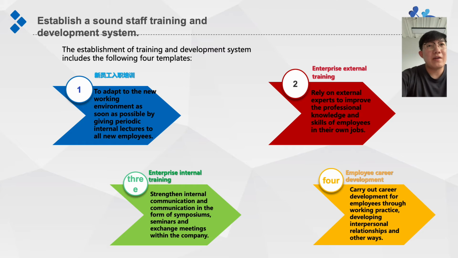And the other side is to establish a sound staff training and development system. The establishment of the training and development system includes the following four different modules. The first is to adapt to the new working environment as soon as possible, giving periodic internal lectures to all the new employees.